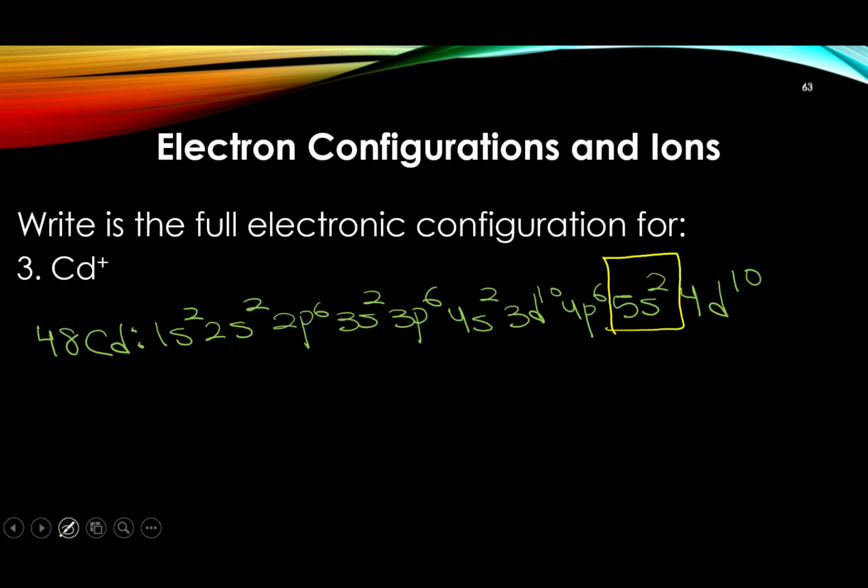Now for cadmium ion, we are going to remove only 1 electron, and you're going to remove it from the valence shell.